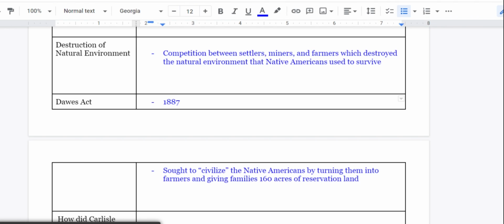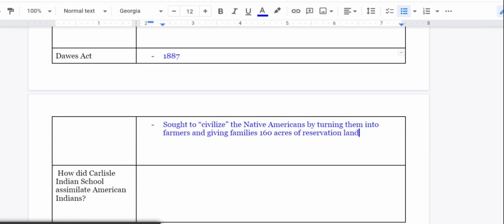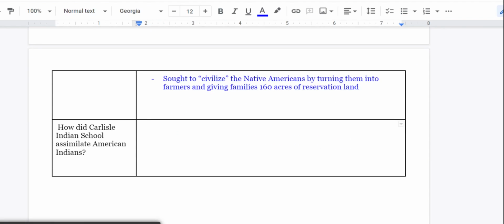So they're trying to turn these hunters now into farmers and quote unquote civilize them with the Dawes Act, right? That it was meant to assimilate American Indians or integrate them into white society, right?